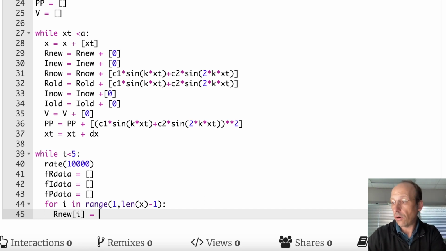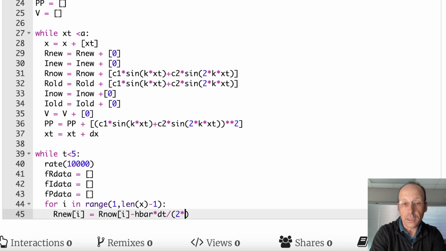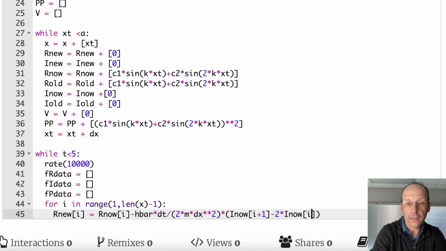Equals the R now i minus h bar times delta t divided by 2 times m times delta x squared, all that times R now i plus 1 minus 2 times R now i plus R now i minus 1.